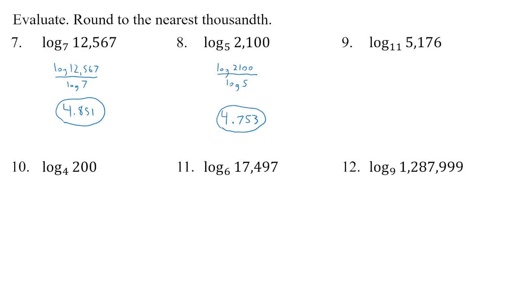Next, log base 11 of 5,176. So this is log of 5,176 divided by log of 11. Enter that into your calculator, and you're going to get 3.566.